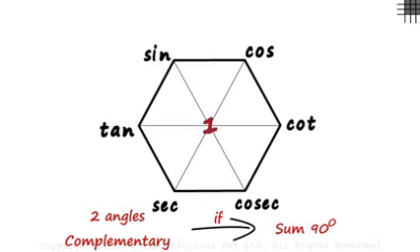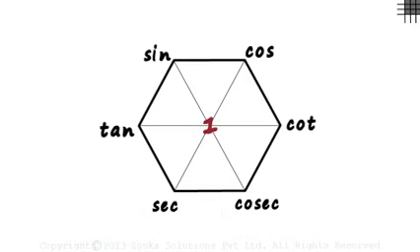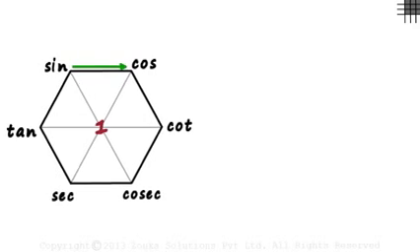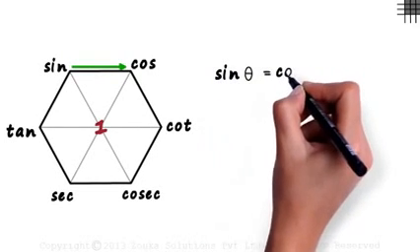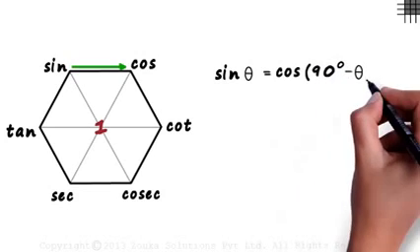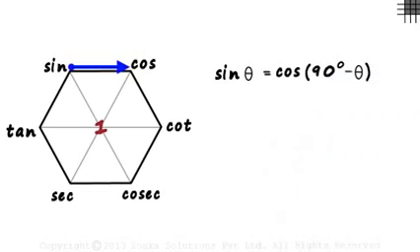And the trigonometric functions had a special relation with complementary angles. Look at this arrow. What does it tell us about sine and cos? It tells us that sine of theta equals cos of 90 degrees minus theta. This horizontal arrow tells us that sine of an angle is equal to the cosine of its complementary angle.